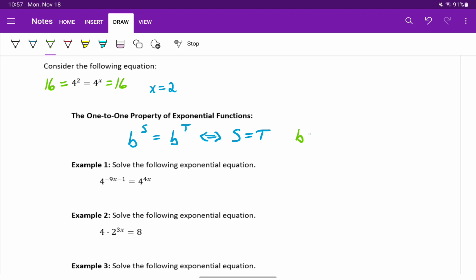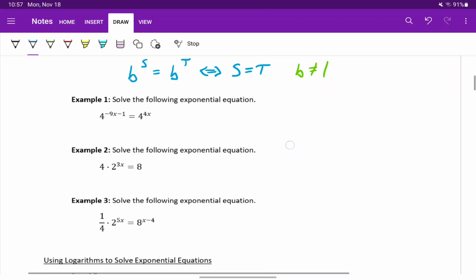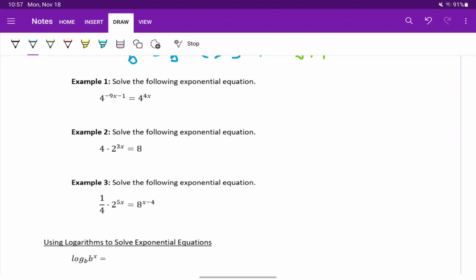This property is true as long as our base b is not equal to 1. We'll use this in examples 1, 2, and 3.